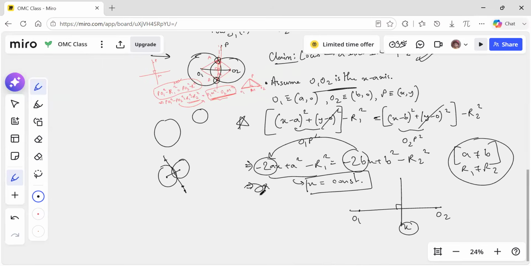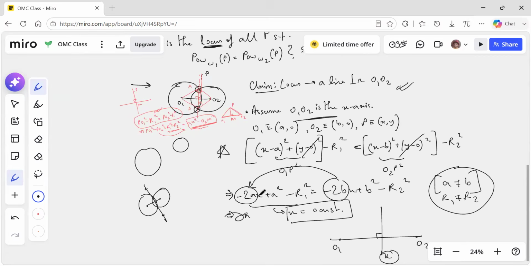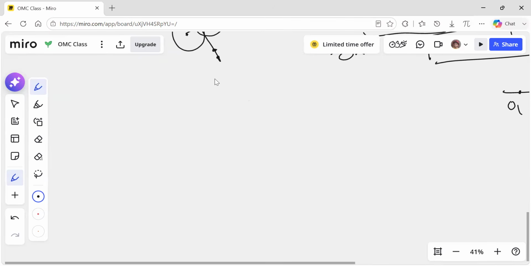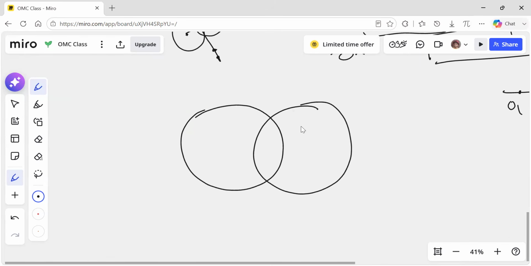So now that we know that it is a line, let's try finding the radical axis of some common configurations. Can you tell me what the radical axis should be of these two circles? It is the line passing through those two points. Earlier we found that these two points should lie on the radical axis because they have power 0.